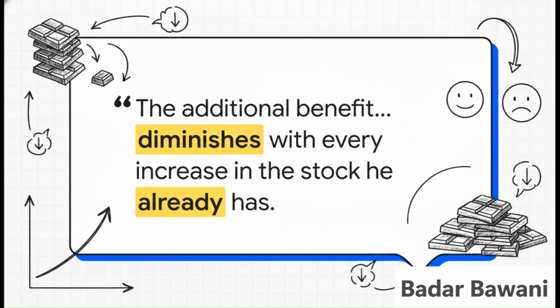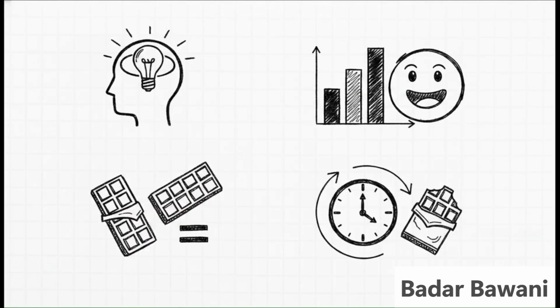We literally just intuitively proved this with our chocolate bar example, but Marshall gave it the academic weight of an official economic law. But economists being economists, they had to lay down some strict ground rules, or assumptions, for this model to work perfectly. First, they assume rationality, meaning the consumer is acting normally to maximize their satisfaction.